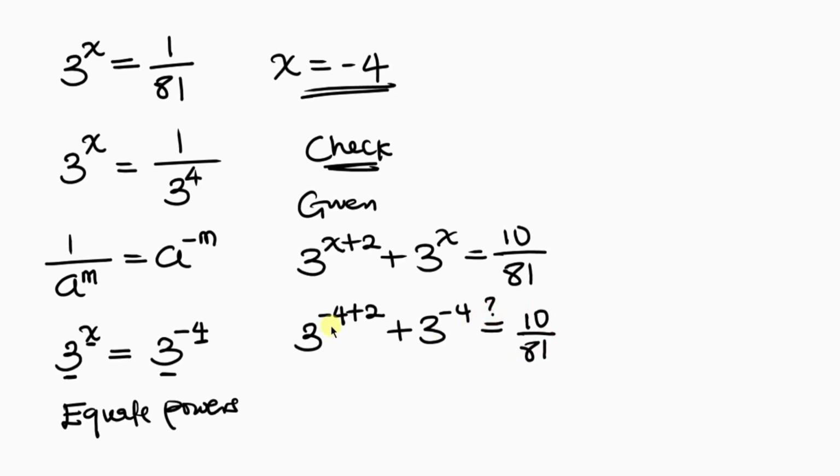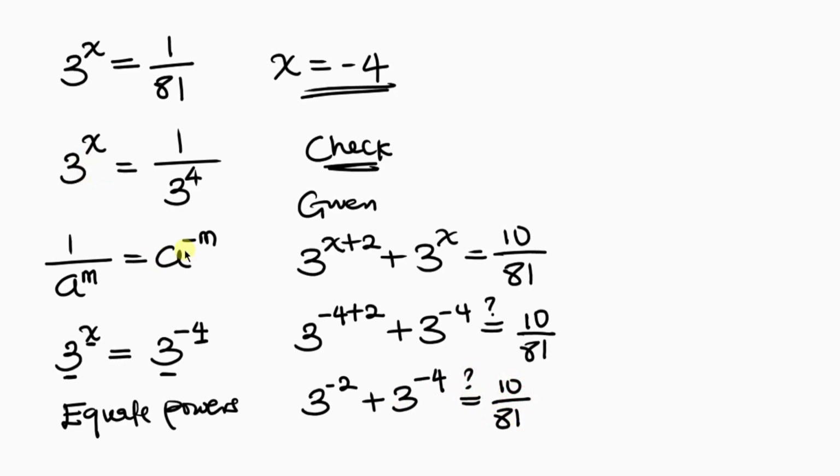Now simplifying the left hand side, this will be 3 to the negative 4 plus 2 is negative 2, plus 3 to the negative 4. Would this be equal to 10 all over 81?